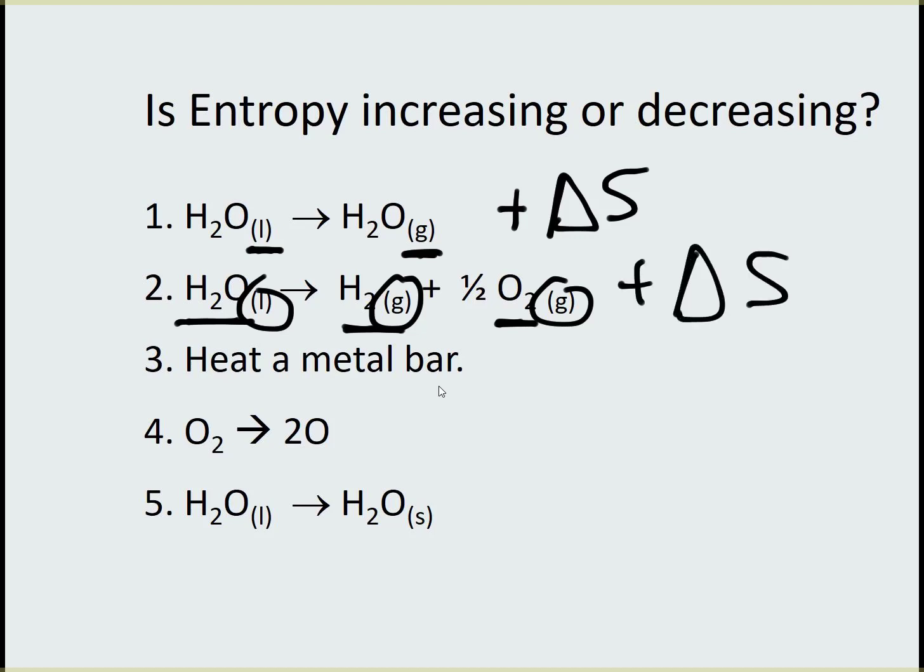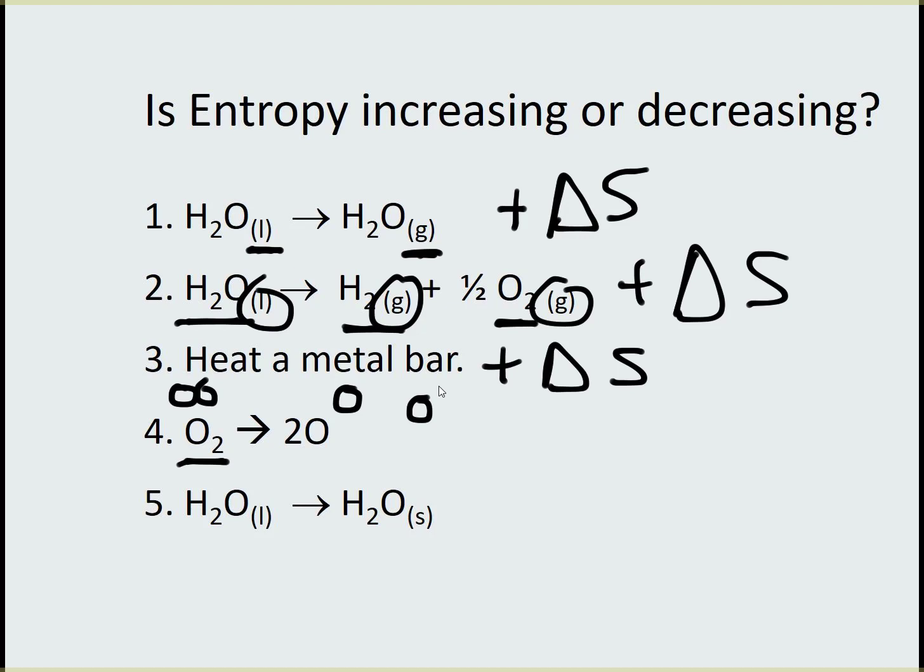Heating a metal bar, so as you heat atoms, there's more vibrations, so more different probabilities of whether those atoms will be closer together or further apart or going up and down. So this is an increase in disorder. And in this one, we also look at number of molecules. So we have one molecule here where it's together, and then we have 2 molecules that are separate.